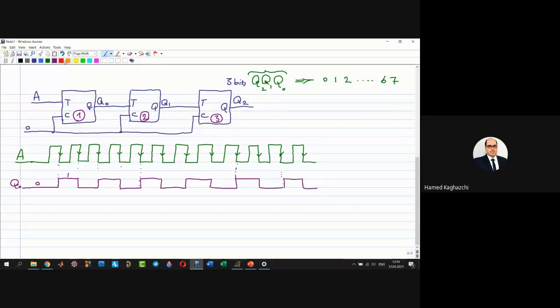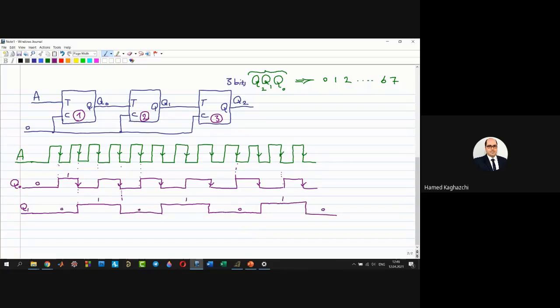Now I want to have the output of the second flip-flop, Q1. I said that when I reach the downward edge, I will toggle and stay at this state. Again, I reach the downward edge and toggle, and so on for each downward edge.